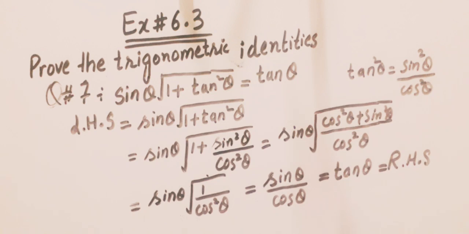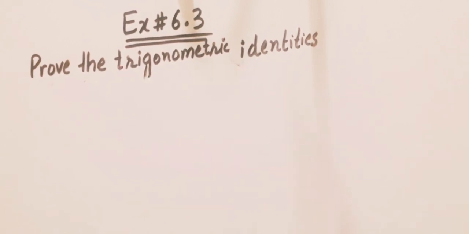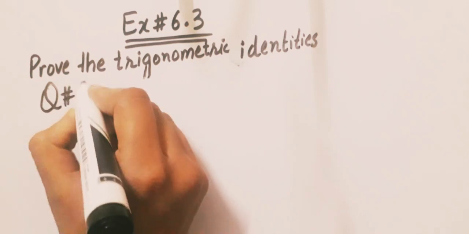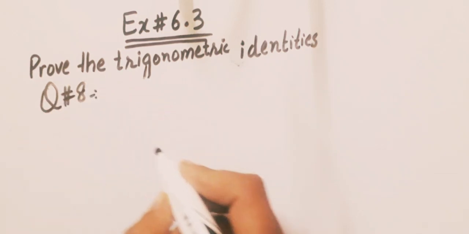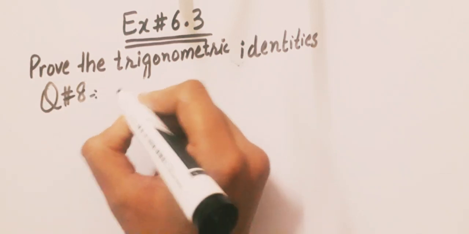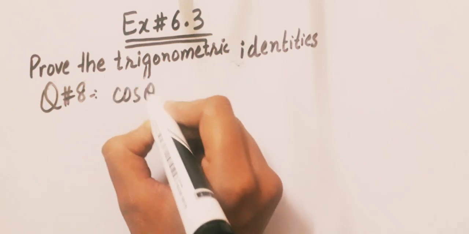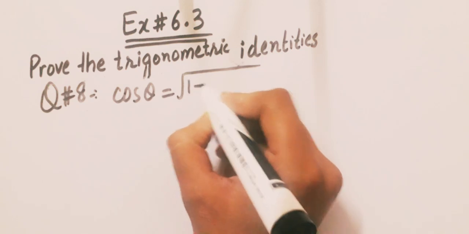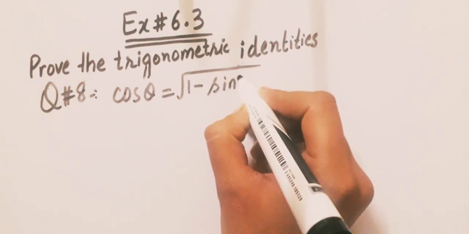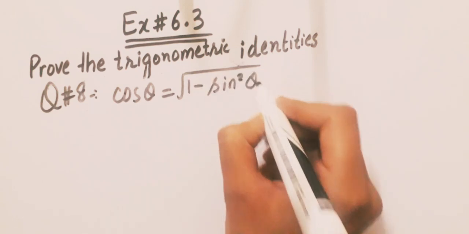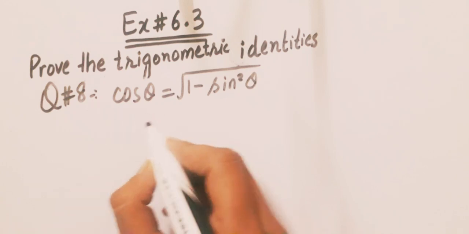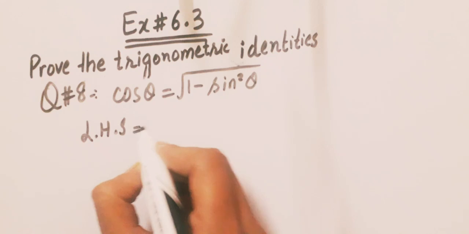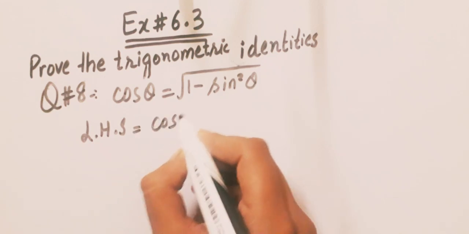Now, we will do question number 8. Now, in question number 8, we have cos theta is equal to square root of 1 minus sin square theta. Now, left hand side is equal to cos of theta.